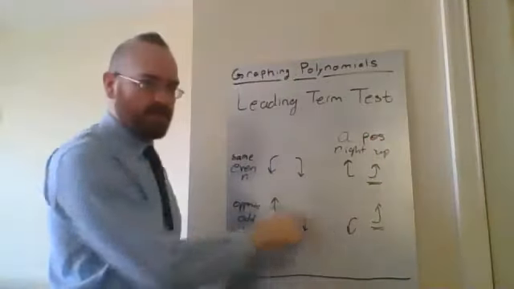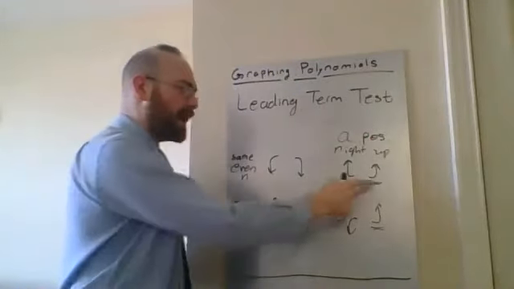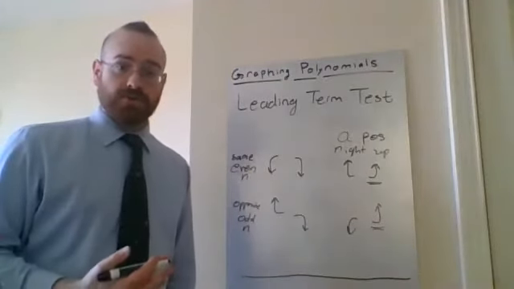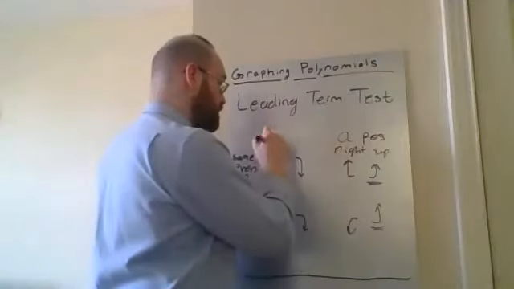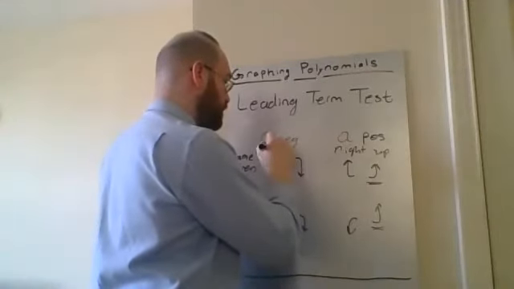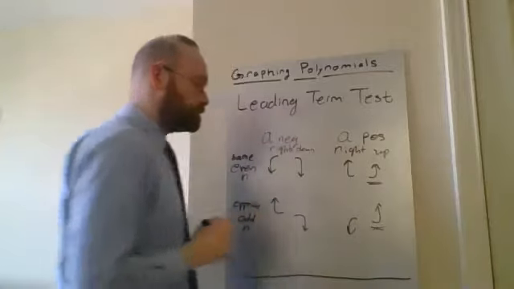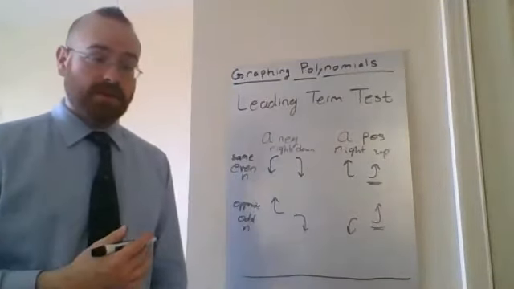And that's why I had to switch the other 2 around. So if it's positive and the right side goes up, what would have to change in order for the right side to go down? Well, it would need to be negative. And this gives us our 4 different combinations.